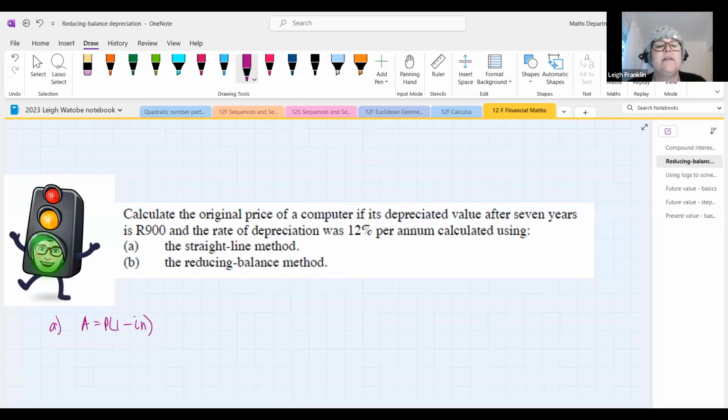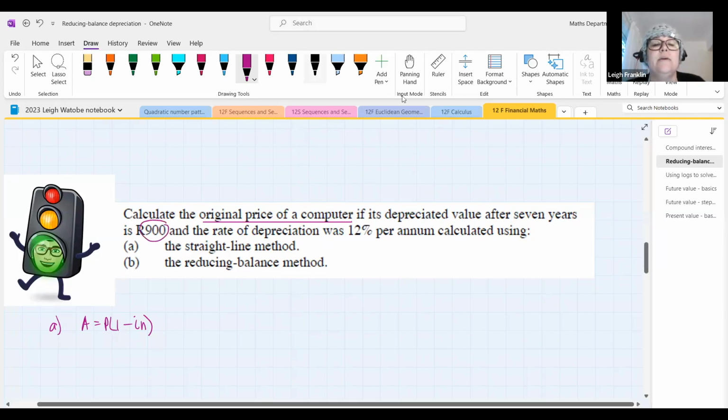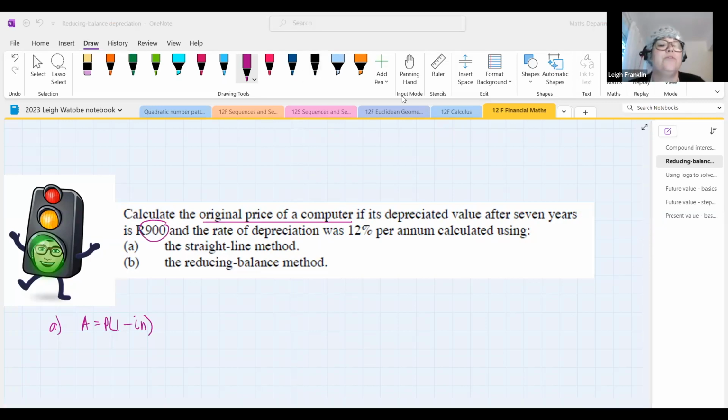If they ask us to calculate the original price of the computer, what letter are they asking us to calculate? Exactly. They want the P. So the 900 over here represents which value?